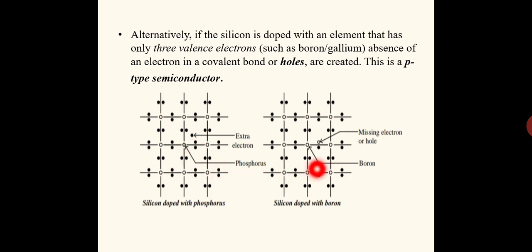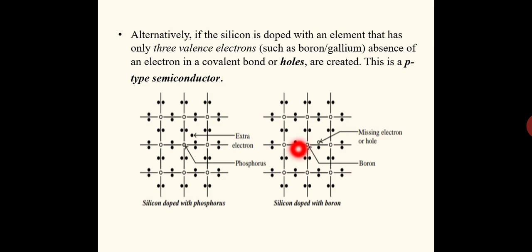Whereas here, if the doped element has only 3 electrons, you can see this one is the boron element added as an impurity. So 1, 2, 3, here are the 3 valence electrons of the boron, which combine, forming covalent bonds with the silicon element.